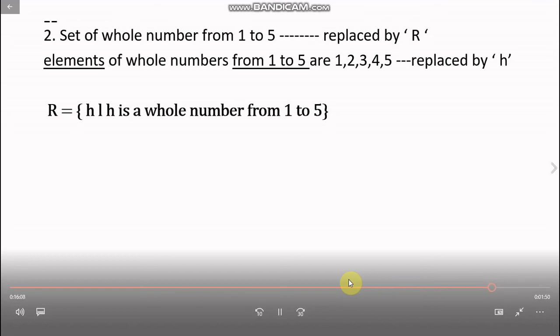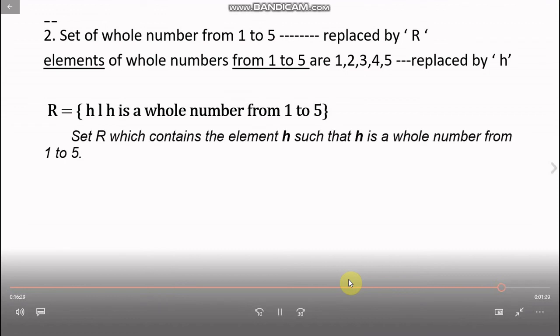Actually, this description was written in the set statement; the only thing to add is the singular form of the verb, and the noun should be singular also. That's how to describe. How to read: this is set R, which contains element H such that H is a whole number from 1 to 5.